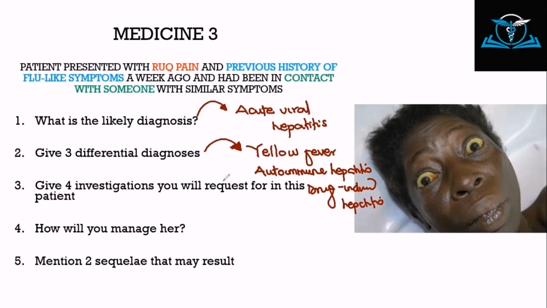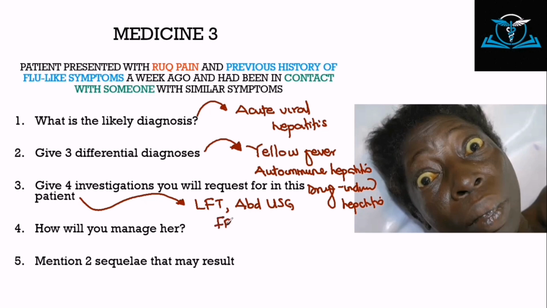Give 4 investigations you request for in this patient. Doc, liver function test. What else? Abdominal ultrasound. Okay, what else? Full blood count.